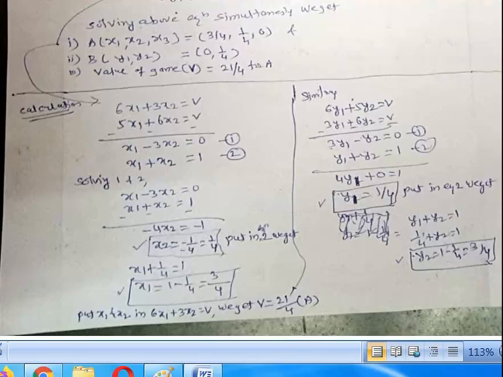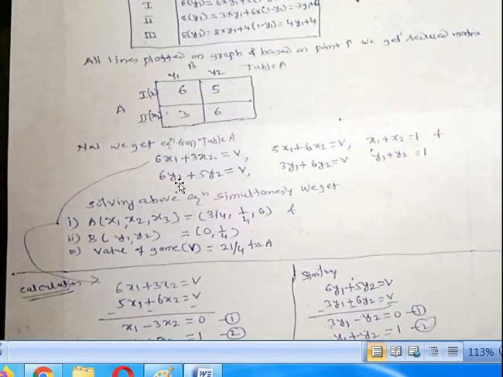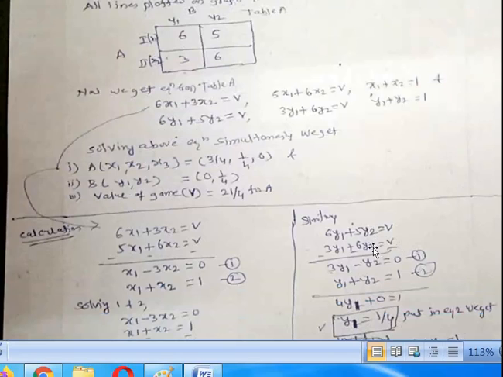Similarly, we have to solve the other equations, that is 6y1 plus 5y2 is equal to V, and 3y1 plus 6y2 is equal to V. After solving these two equations, you get 3y1 minus y2 is equal to 0. This is one equation, and the second equation is y1 plus y2 is equal to 1. Solving these two equations simultaneously, you get 4y1 is equal to 1 and y1 is equal to 1 by 4.